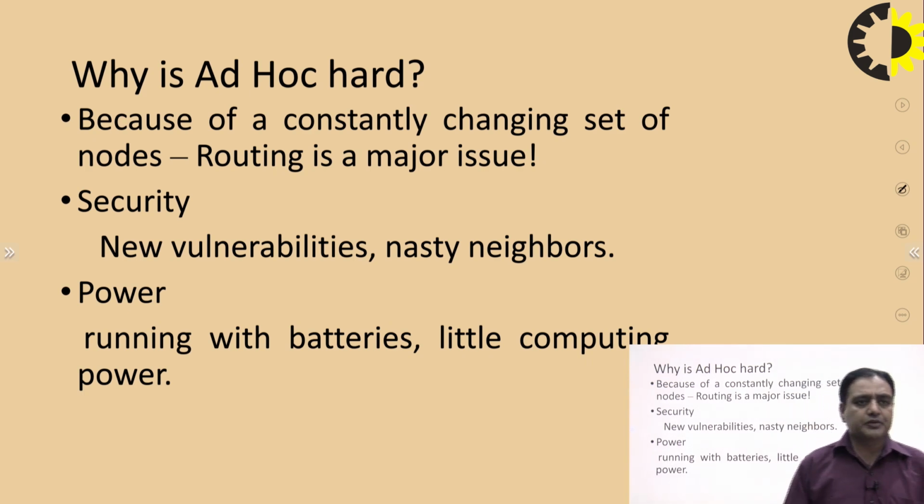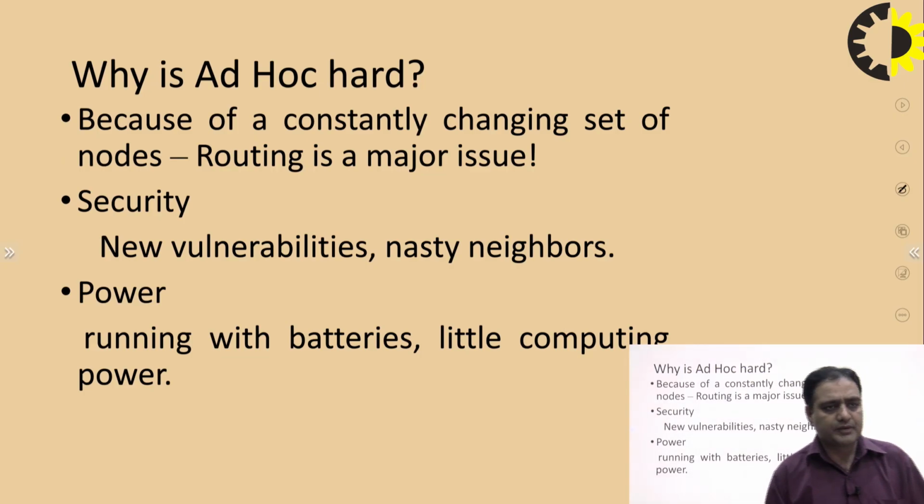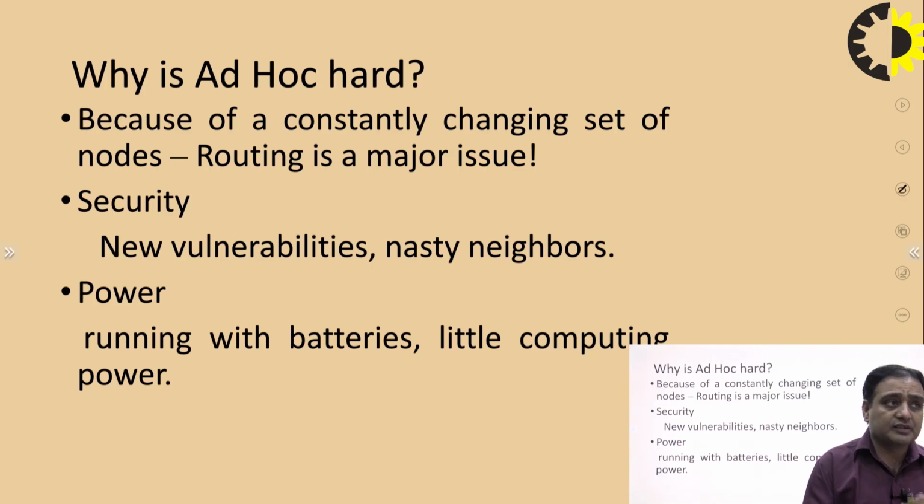The battery of the particular devices is going to run out, meaning battery consumption is higher. So for the particular devices in the ad hoc network, the consumption of battery power is high.